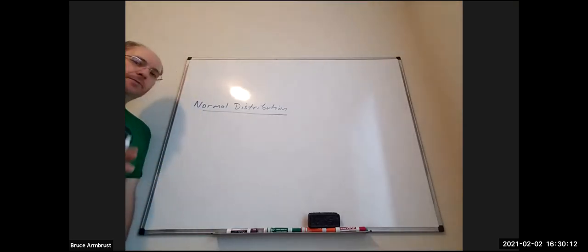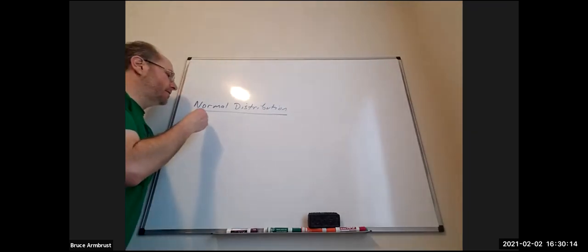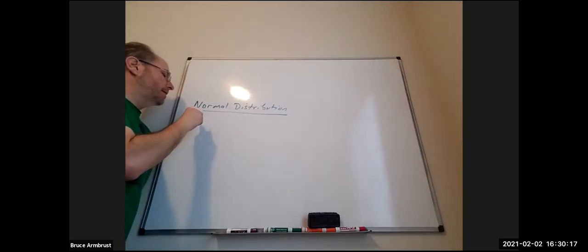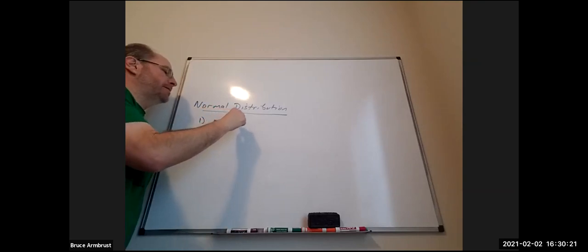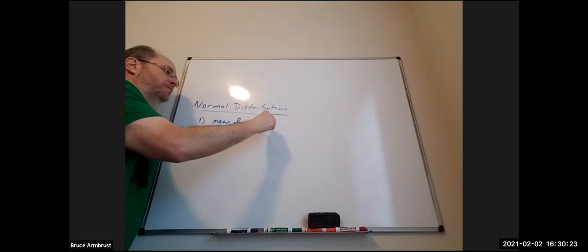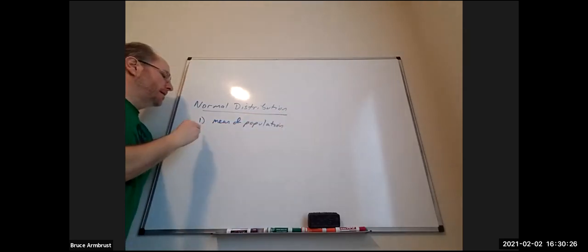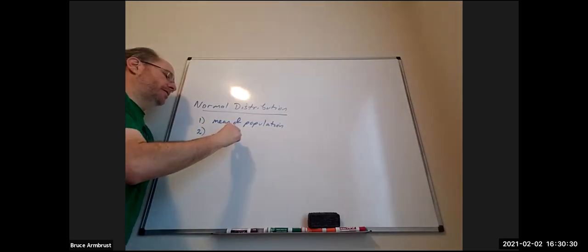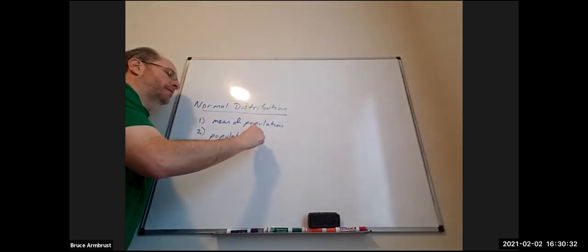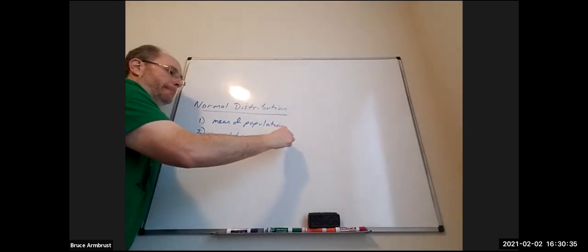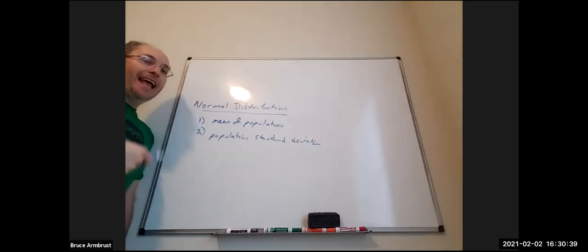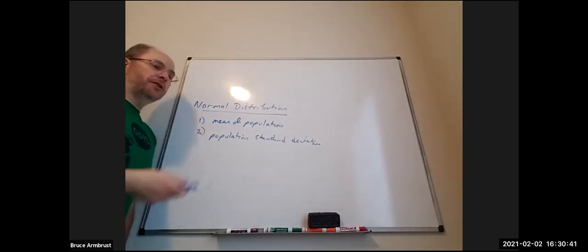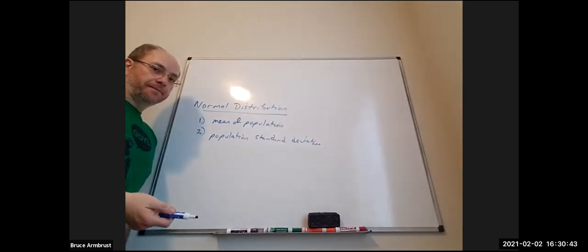But for the normal distribution, you need to know two things. You need the mean of the population and you also need to have the population standard deviation. So those are the two things that have to be known in order to use a normal distribution.